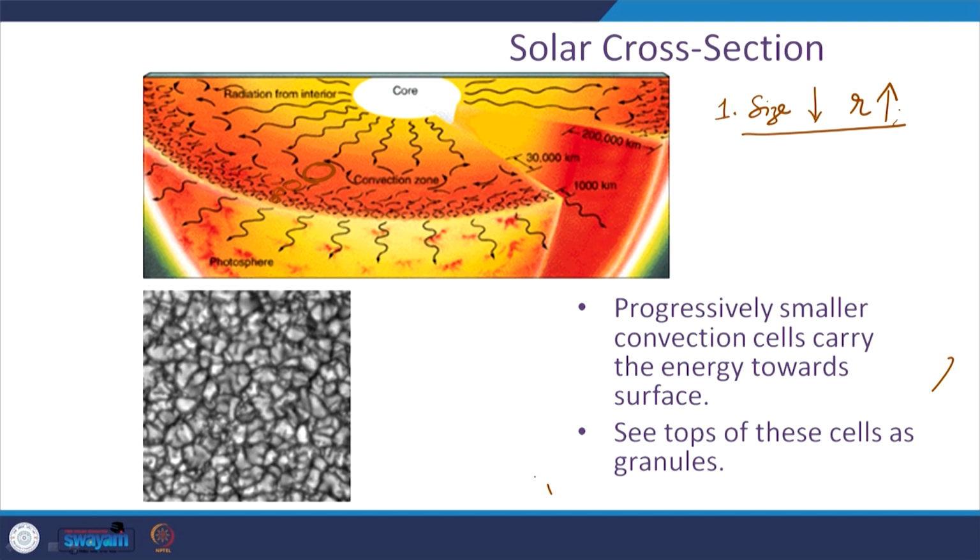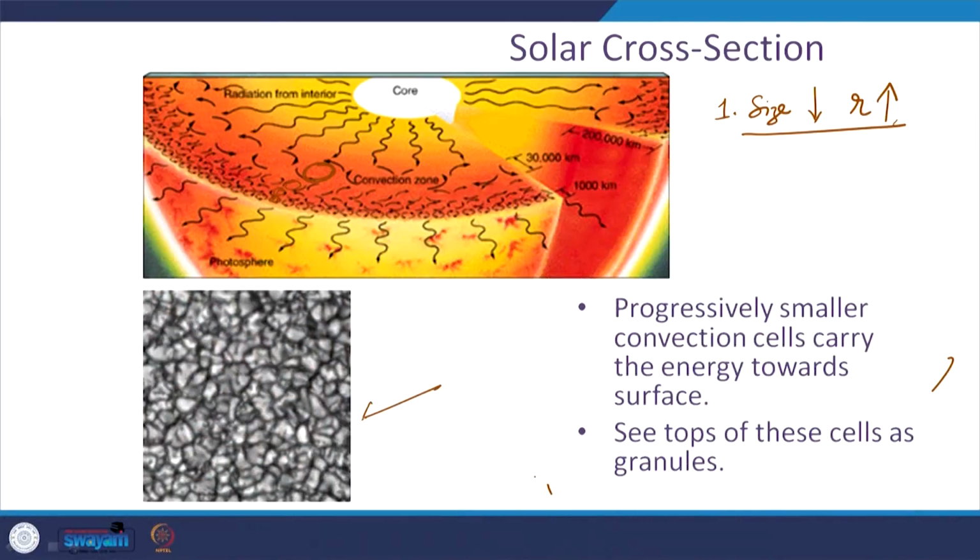Okay. One proof that we get is when we photograph or take an image of the sun at very magnified scales. What you see is this kind of images. These small patches or small areas that you see with darker backgrounds are generally called granules. So, what you see here is small cells.